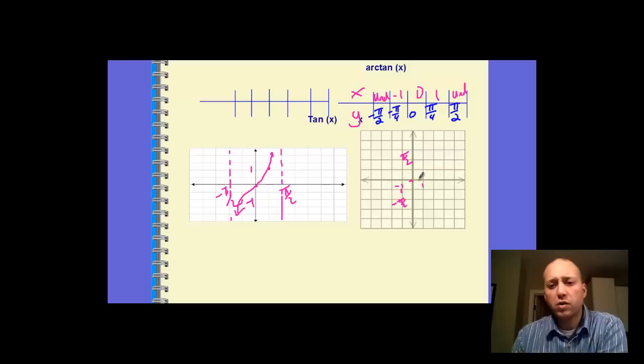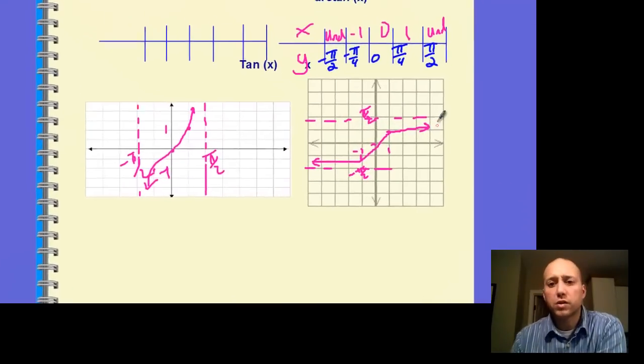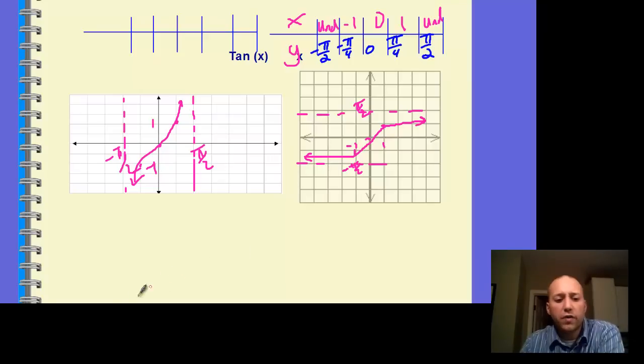We still have 0, 0. And at pi fourths, we're at 1. And then we're undefined here, and we're undefined here. So this shape is the inverse function. We also have arrows for it. So this is the inverse function of our tangent.